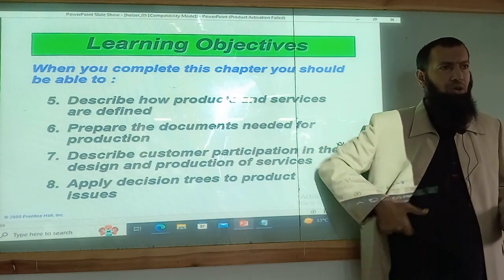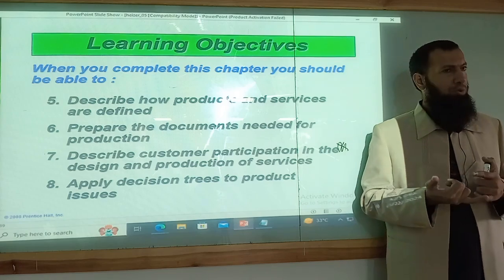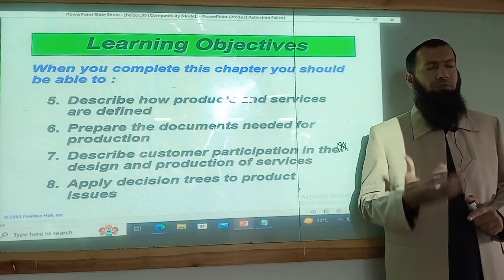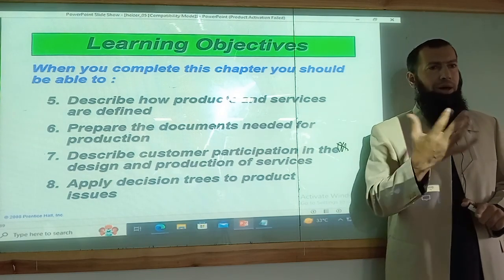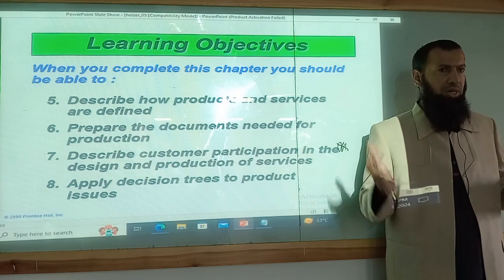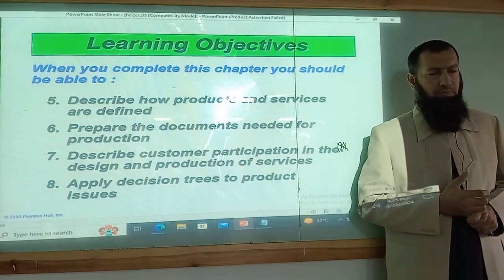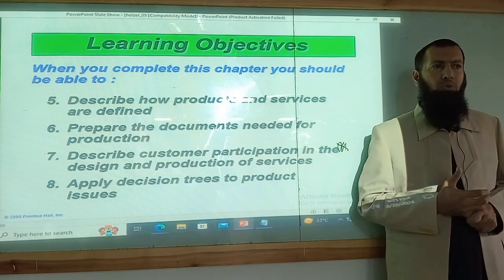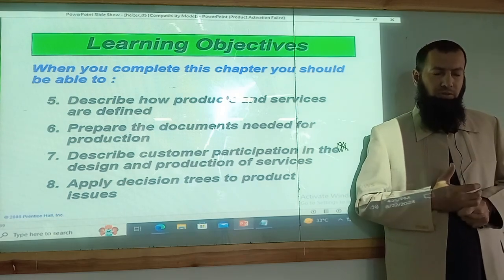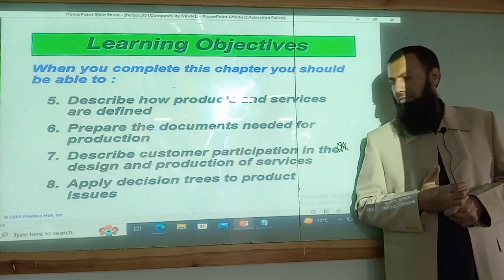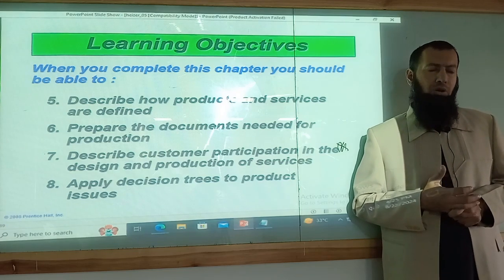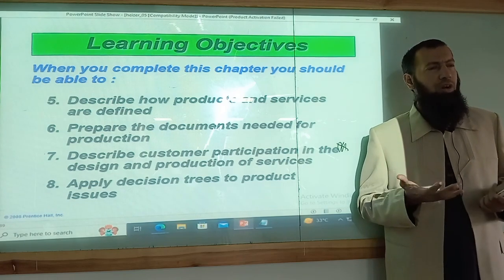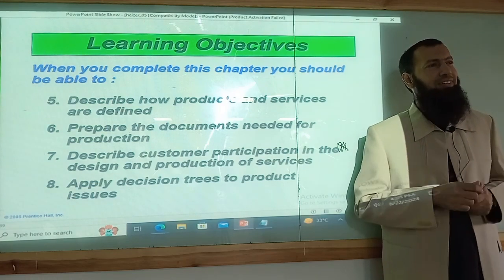For example, if you want to build a house, what kind of document does the builder require to construct your house? Any idea? What document does the builder require to build your house? Sir, AutoCAD. For what? The document on which he will build the infrastructure. On AutoCAD. For designing. For design.